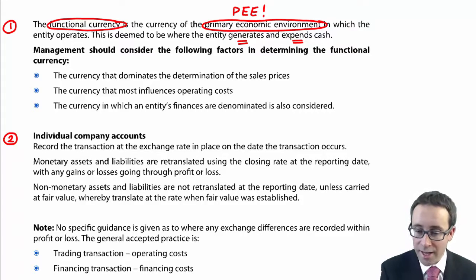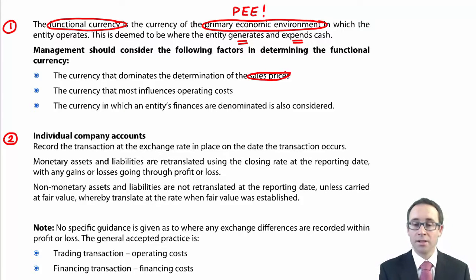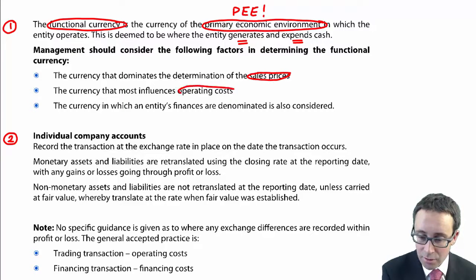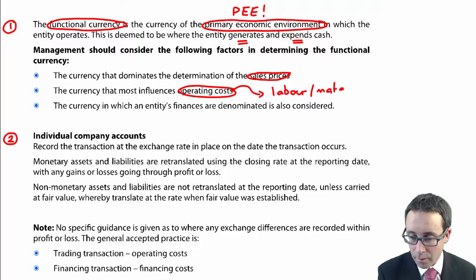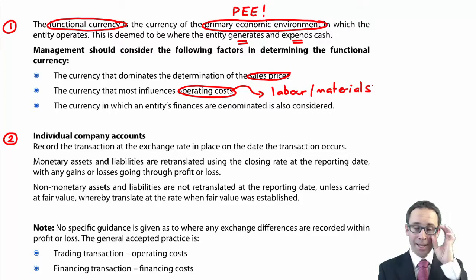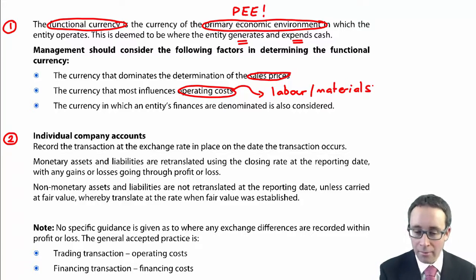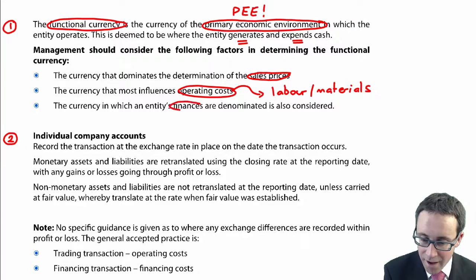In terms of generating cash, we're looking at our sales prices. In terms of expending cash, you're looking at your operating costs, so essentially your labor and materials.